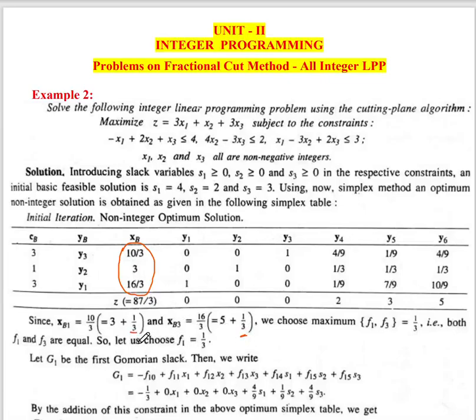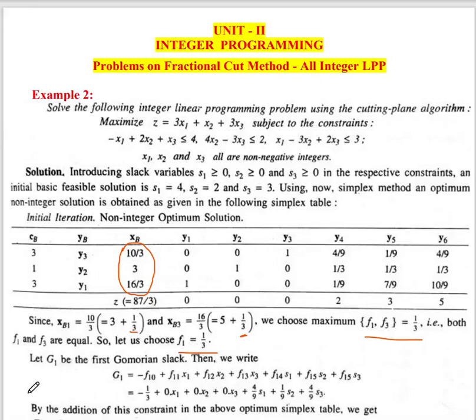In the fractional cut method, from these we choose the maximum. Here f1 and f3, that is 1 by 3, are both the same, so we can choose arbitrarily. Let us choose f1, that is 1 by 3.